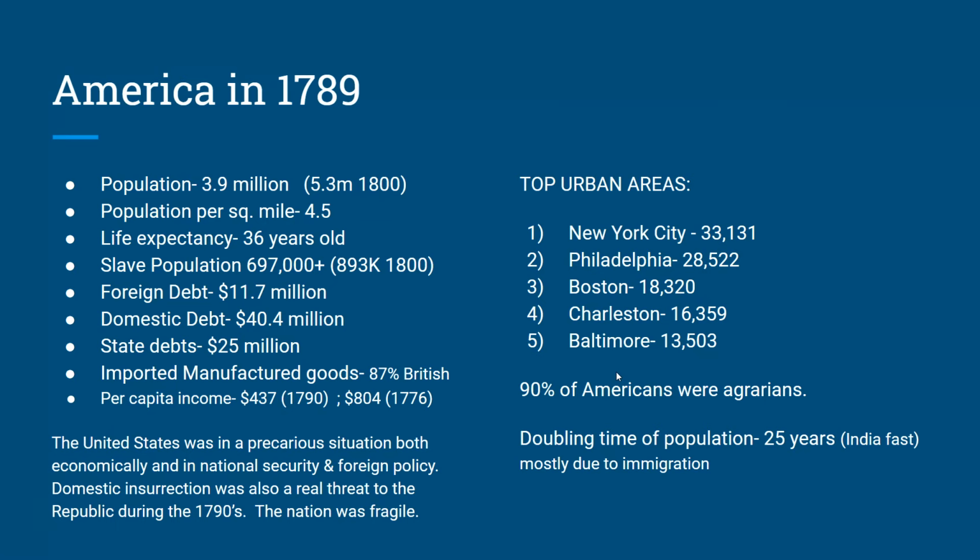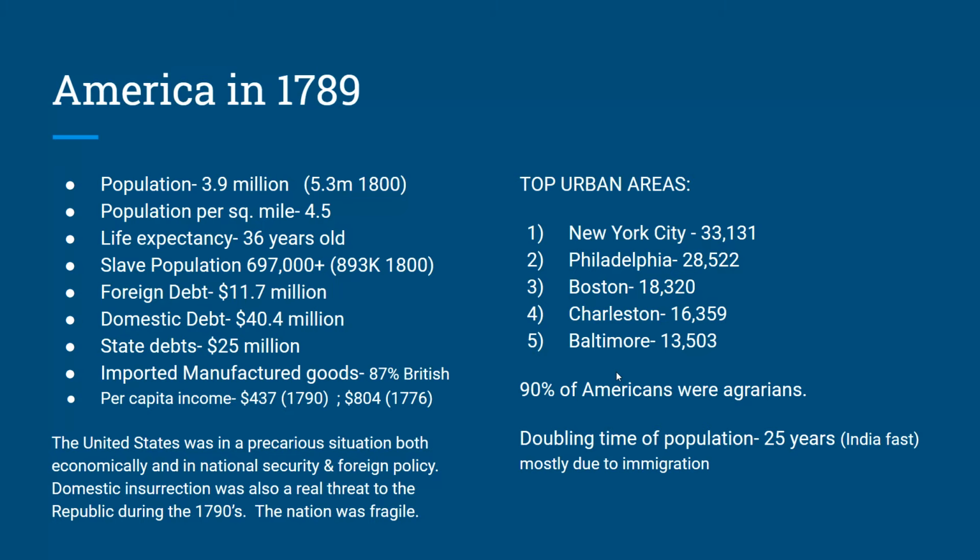So slavery is expanding. We enter the new government under the Constitution. The United States is drowning in debt. 11 million in foreign debt, 40 million domestic. That's money that we owe ourselves. The federal government owes itself. And of course, the states, the combined debt of the states, 25 million.